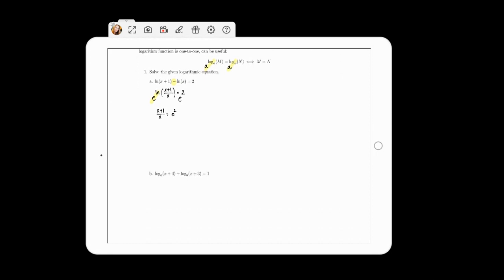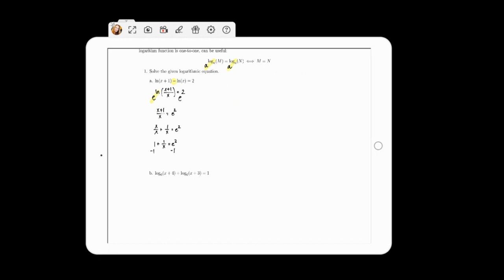So now I have to solve for x. I prefer to simplify the fraction by writing it as x over x plus 1 over x equals e squared. X over x is 1. So I have 1 plus 1 over x equals e squared. Now at least I only have x in one place. I have to get x by itself, so I'm going to subtract 1 from both sides.